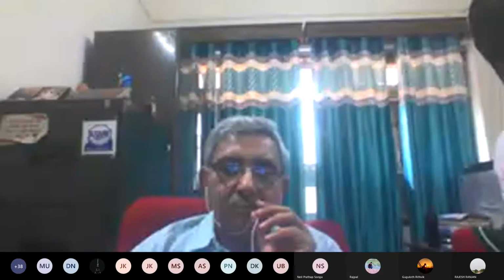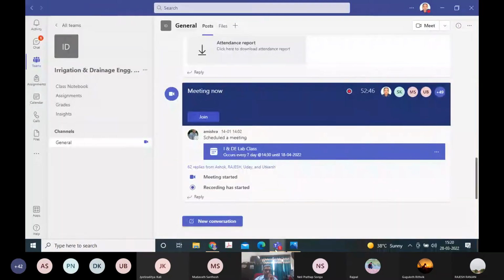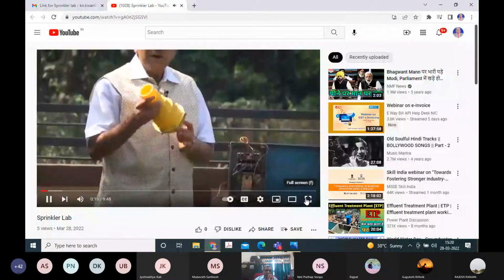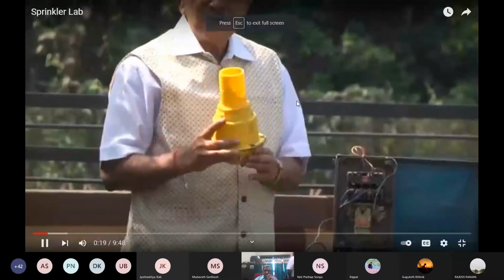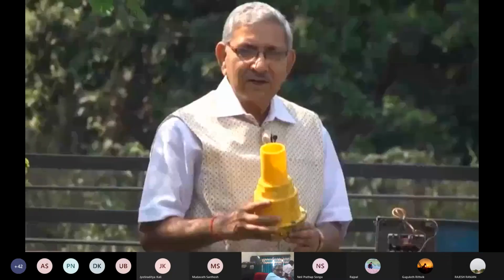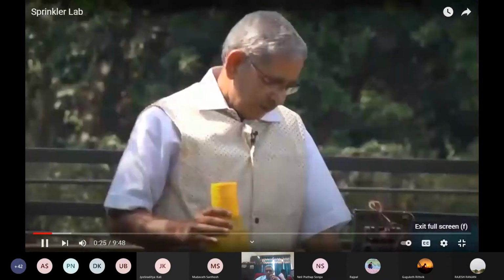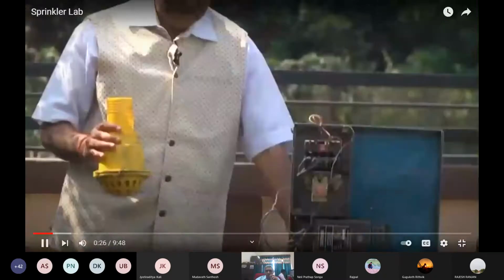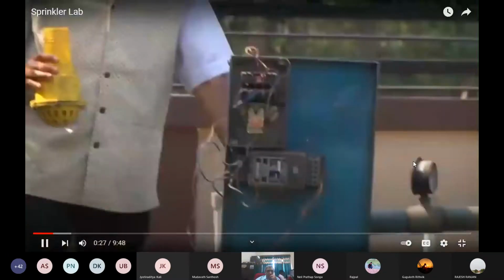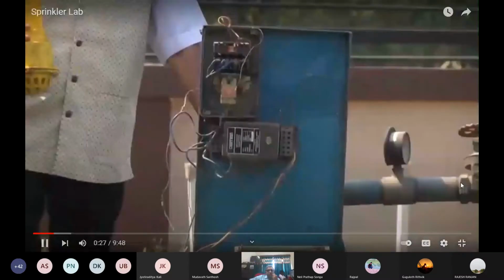Taken the lower end of the suction pipeline, there is a footvalve. The footvalve is to retain water. First, the suction pipeline is filled up with water up to the impeller, so that whatever air is available in the pipeline is displaced and filled with water, and it is used for priming.